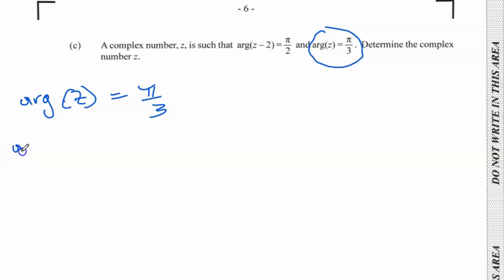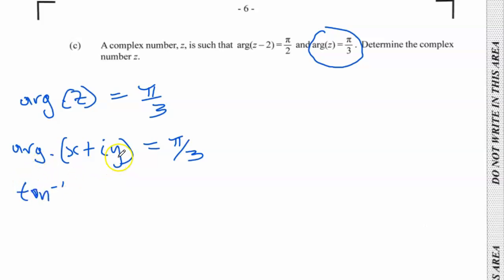Now we can replace z with x plus iy. So the argument of x plus iy is equal to pi over 3. Now how do we find the argument of a complex number again? So it's tan inverse. Argument is tan inverse the imaginary over the real.